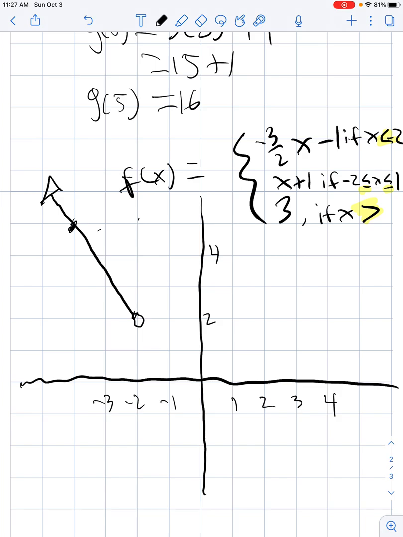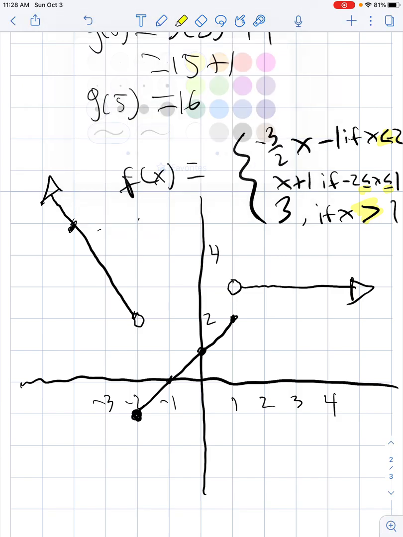Now I'm going to graph my second equation, but because it's or equal to, I'm going to have to use a closed circle. So I know that my y-intercept is 1 and my slope is just 1. So it's going to be something like this. And I need to use a closed circle because it's or equal to. And then this one is also going to be a closed circle because it's or equal to on both sides. And then when x is greater than 1, y is 3. So that's just going to be a flat line like that.